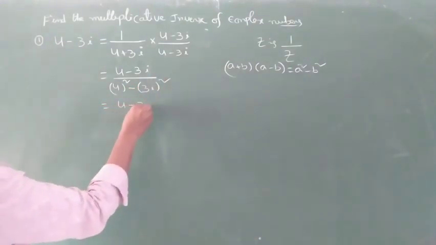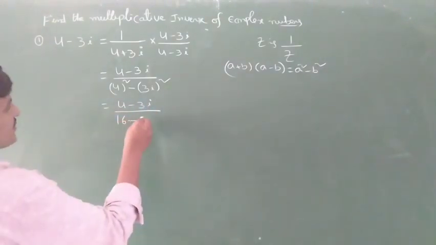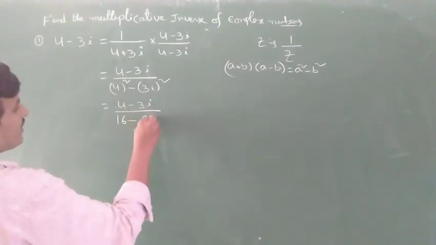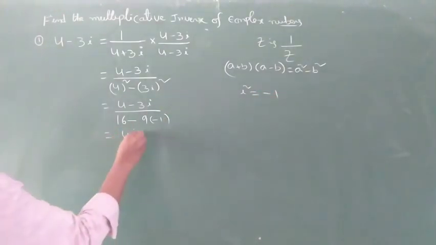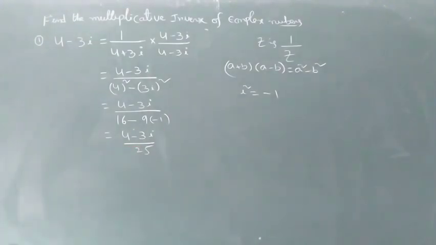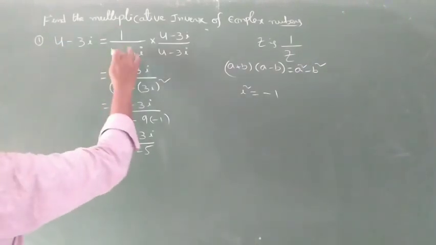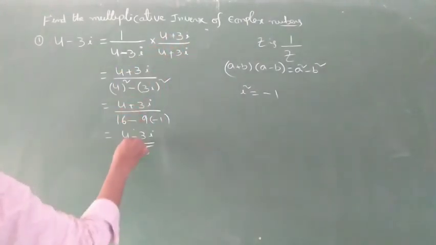That is equal to 4 minus 3i by 4 square, 16, minus 9i square. i square value is minus 1, so that is equal to 4 minus 3i by 25. So 1 by 4 plus 3i is 4 minus 3i by 25.